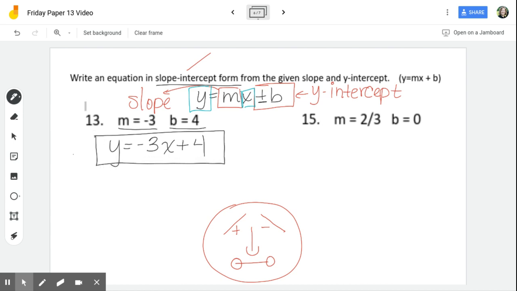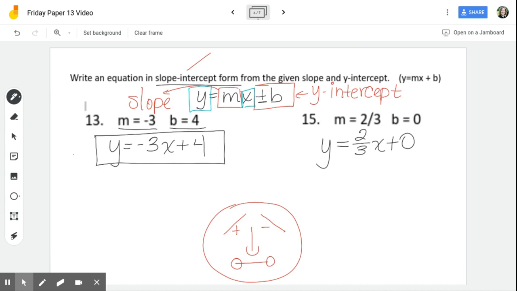For number 15, we're going to do the same thing. Y is the same. M is 2/3. X is the same. Now, normally I would say plus or minus the number, plus, but this is a 0. And we don't actually need to say plus 0, right?